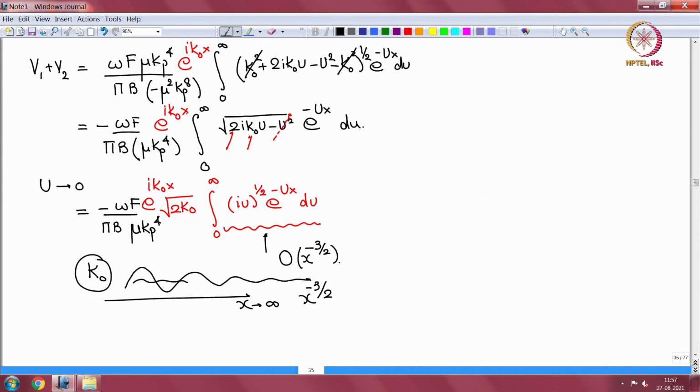The integrals from the vertical cut on the left and right side at k0 give me this behavior. So that's one major part of it done. We still have to deal with residues.